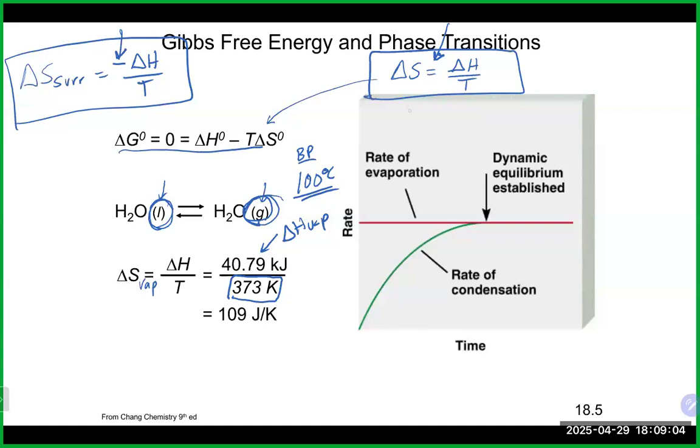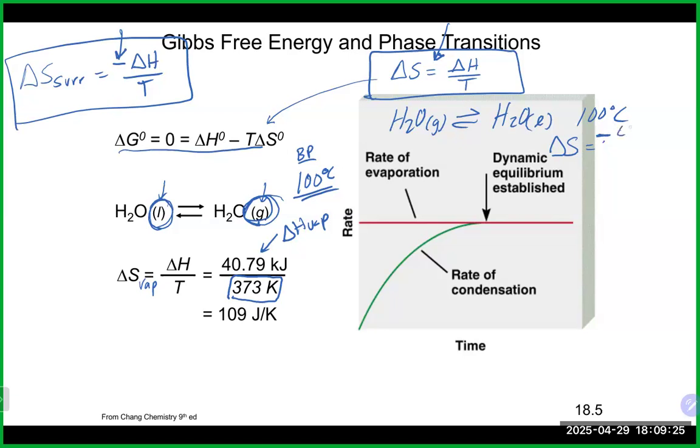Now, if we were doing the opposite transition, where we take steam back to liquid water at 100 degrees Celsius, what is the only thing that changes in this calculation? The delta H would actually be a negative number, because that's an exothermic process.